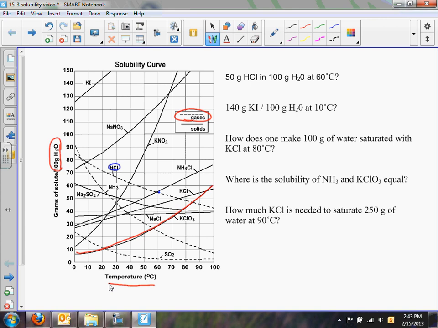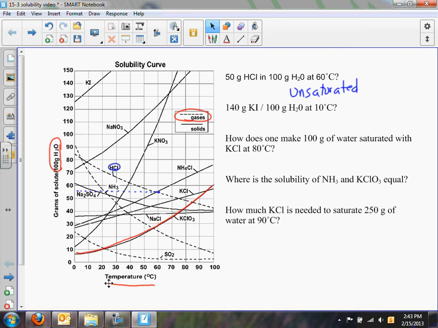If I read across, to me it looks like about 55 grams in 100 grams of water would make it saturated. Well, if I only have 50 grams, the solution would be considered unsaturated. Less is dissolved than what the solution can actually hold.